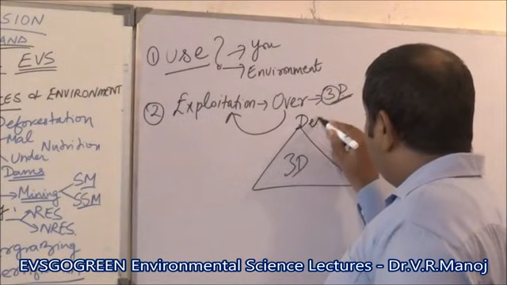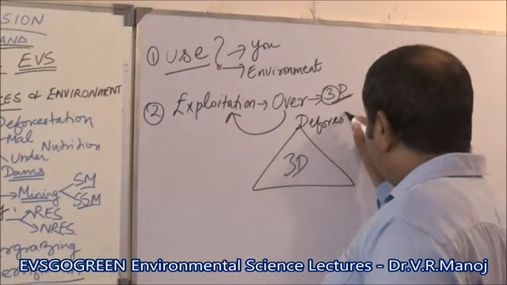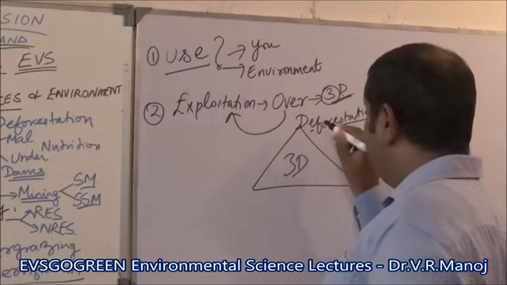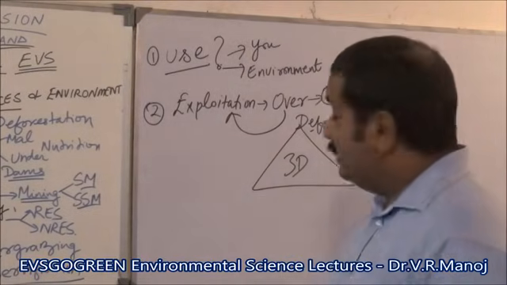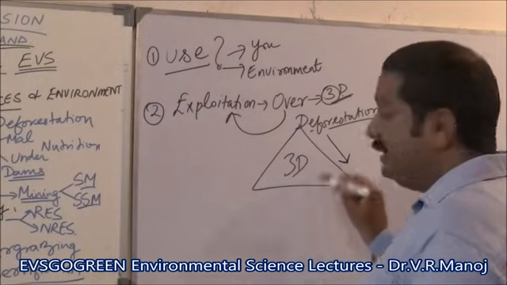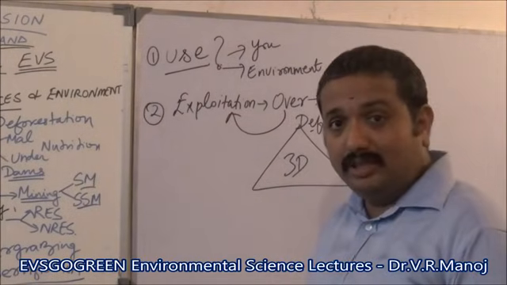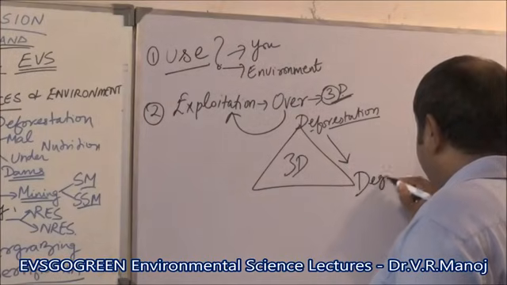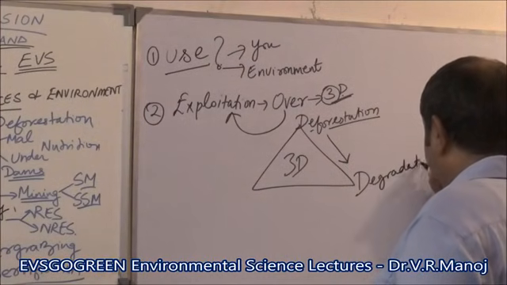Number one, whenever they start any activity to remove the natural resource, it has to start with deforestation, which is the cutting away of large areas of forest. Deforestation invariably leads to the degradation of the soil quality, the land quality. So, degradation.